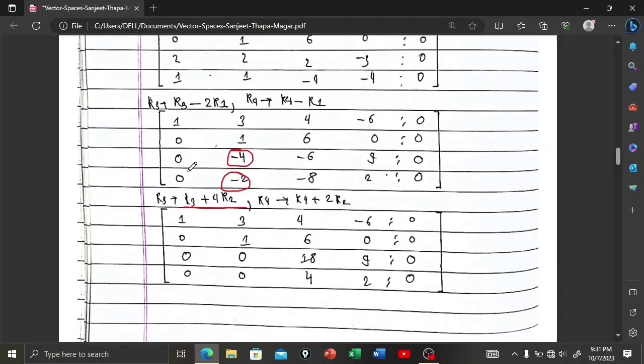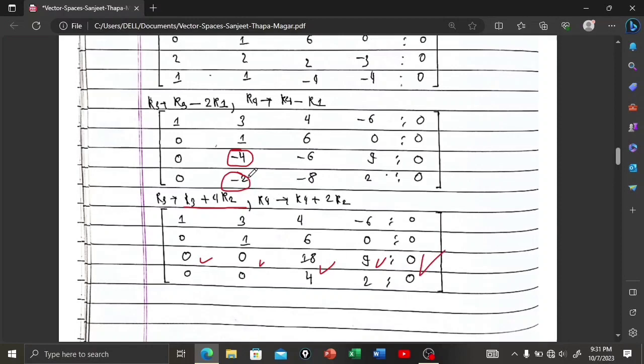Here R3 is 0, R2 is also 0, so it will be 0. R3 is minus 4, R2 is 1, so it is 0. Then R3 is minus 6, R2 is 6, so it is 18. Here R3 is 9 and R2 is 0, so it would be 9. And finally 0 and 0, so 0.